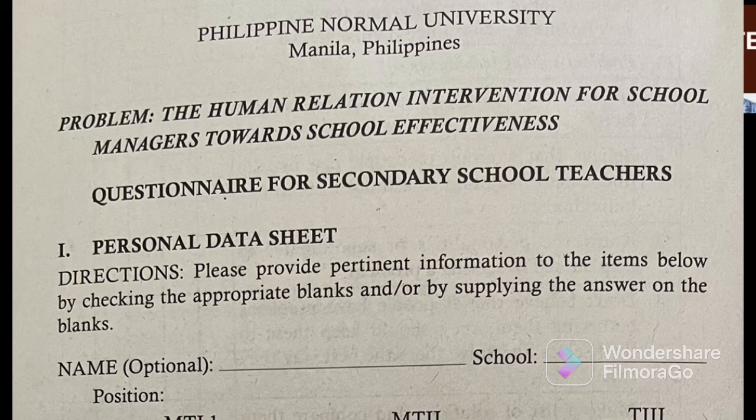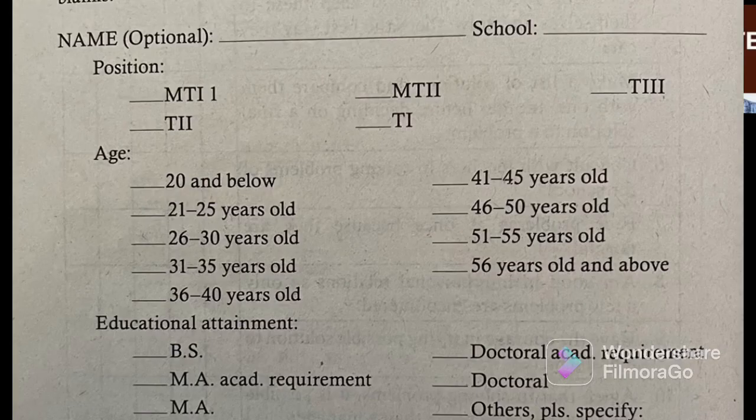Usually, one of the observable ethics is anonymity, so no names. The name is optional, but the school where the secondary school teacher is employed must be placed there. These are now the sub-variables for the personal data: position, age, educational attainment.